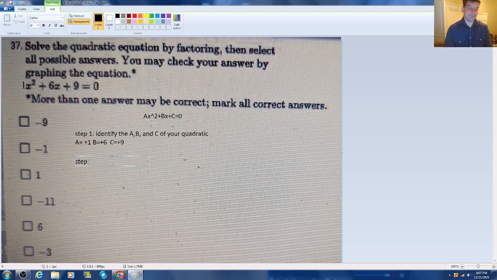So step number 2 is going to be to make our table, representing the left side being the product of A times C, and then the right side of the table being B, which is positive 6.